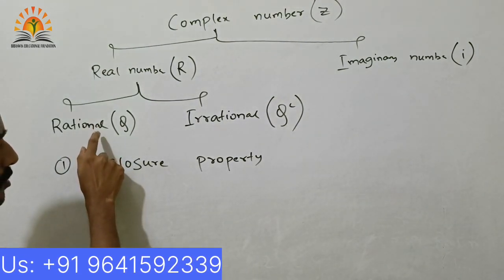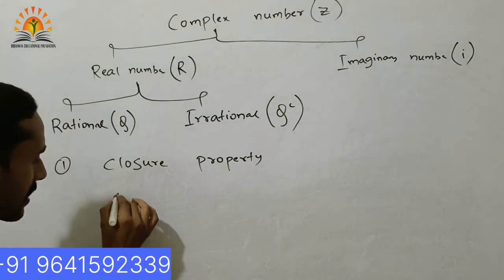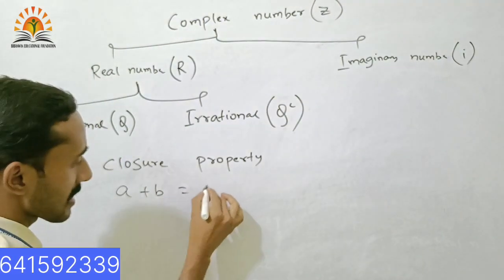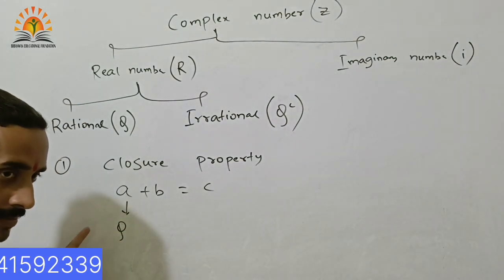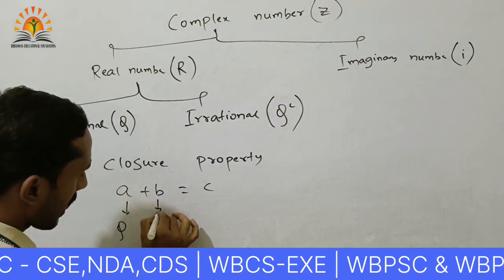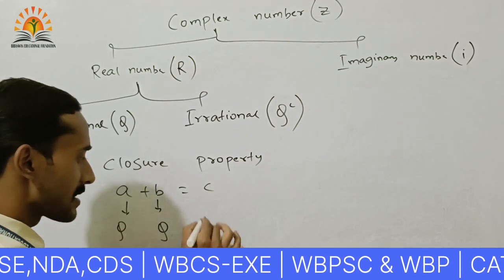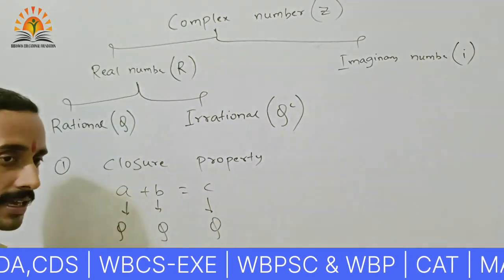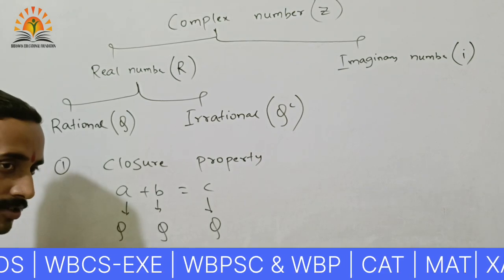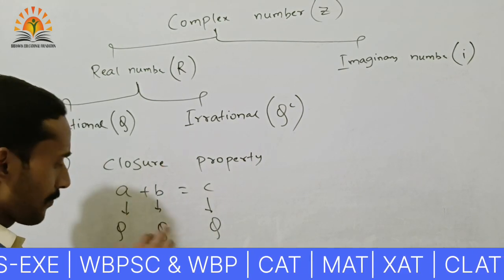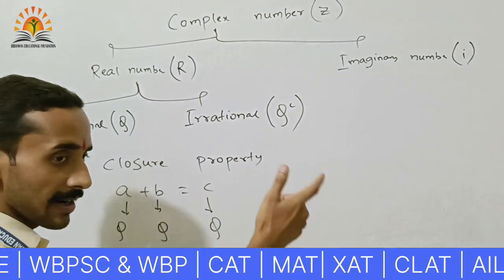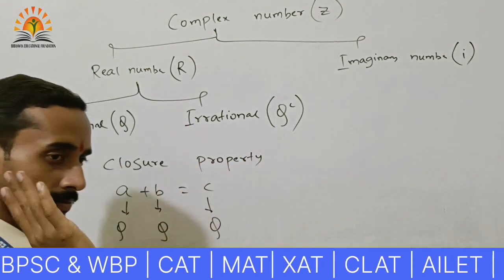If we talk about closure property of rational number, if a plus b equals c, where a is rational and b is also rational, then c must be rational. Understood? This is known as closure property. If you add two numbers, the third number belongs to the same group.